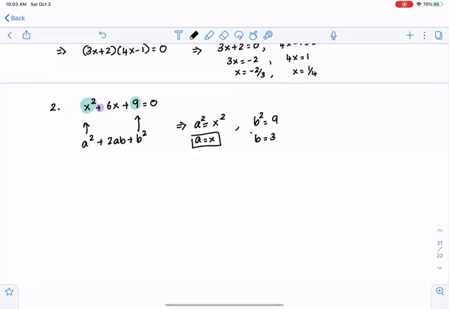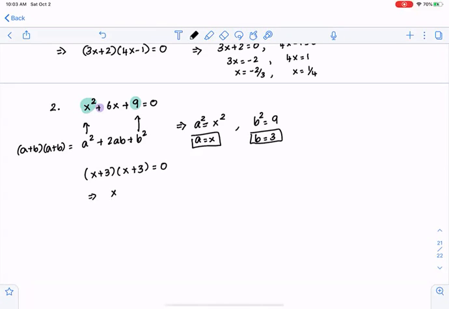Therefore, b is equal to 3. So I could factor the given equation as a plus b times a plus b. So x plus 3 times x plus 3 equals 0.